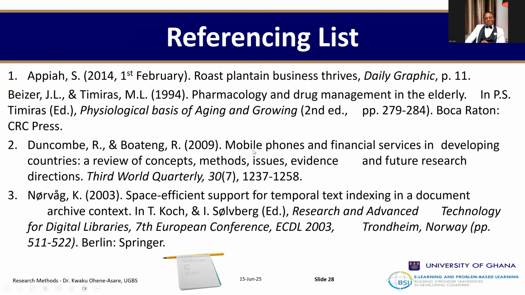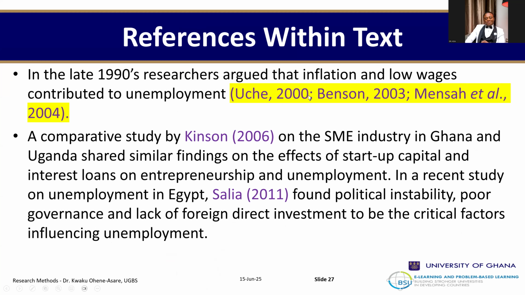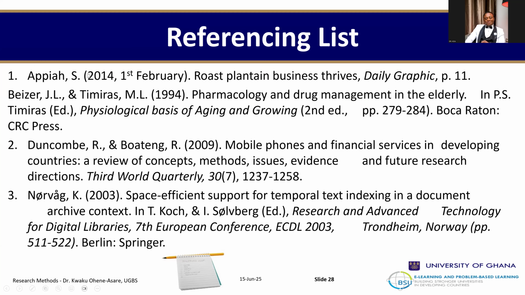Within text. Now, that is in-text citation, and this is the bibliography or the referencing list. So because you've cited those people, watch that. You got to bring them down. So you have to write the citations, the referencing for each person and then number them.